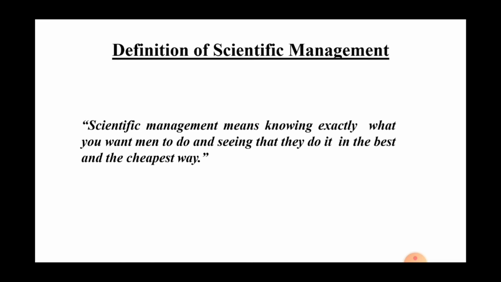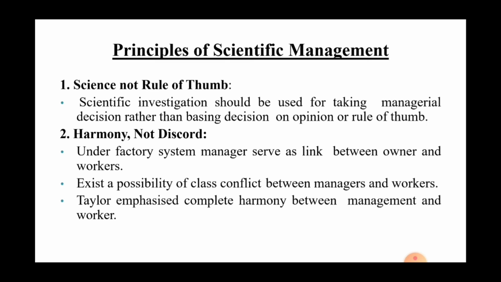Therefore, he not only propounded the theory but also laid down the principles to be followed to practice scientific management. In his book, The Principles of Scientific Management, Taylor enlists his four principles of scientific management.